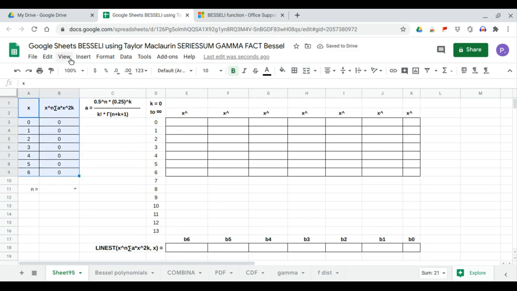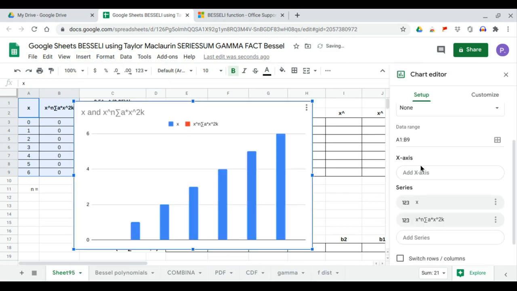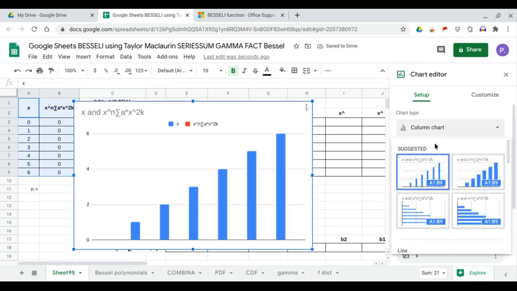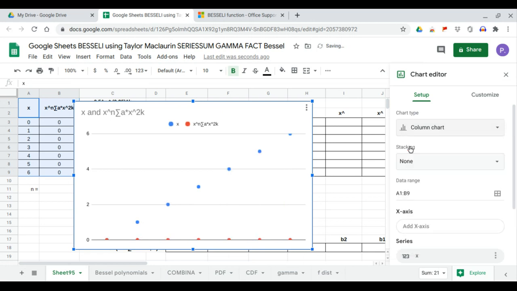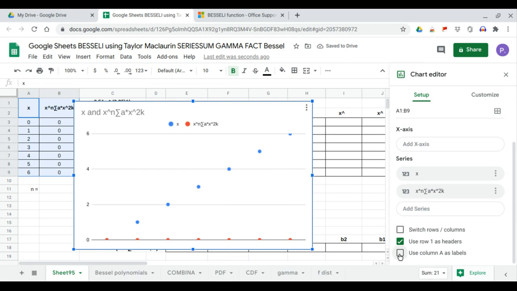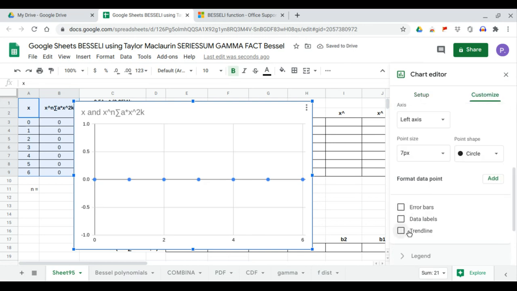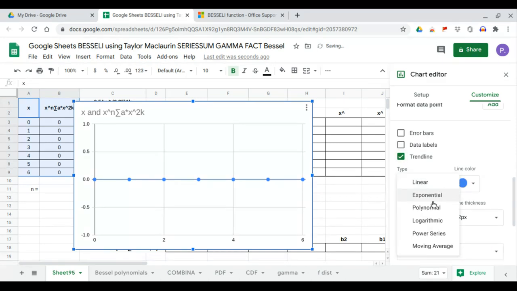So we insert the chart. We use a scatter chart and generate the trend line. Our trend line will be polynomial to the 6th degree.